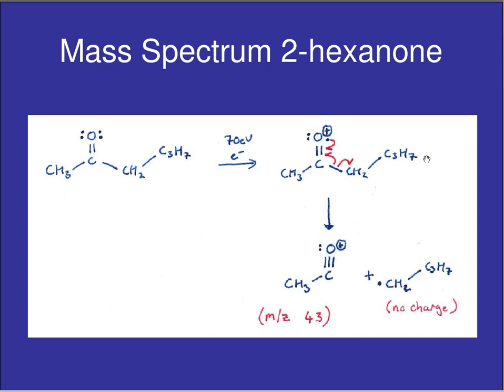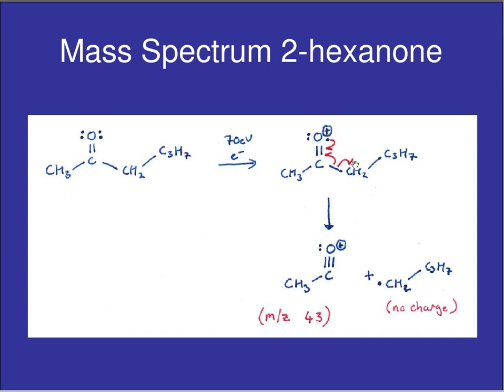Okay, so what happens in alpha cleavage is that one of these electrons in this bonding pair here, in the sigma bonding pair, one of those electrons joins the unpaired electron sitting on the oxygen, and that gives rise to a triple bond, and of course the charge stays on the oxygen. So what happens to the remaining electron?